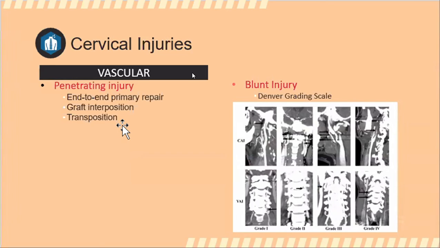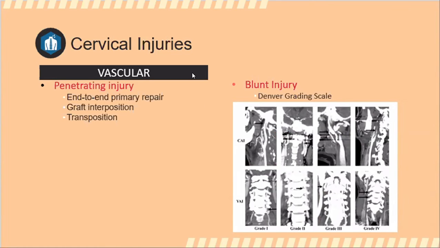So we have what we call the Denver grading scale, or the Denver grading classification of your cerebrovascular injuries. We have grades 1 to 4. The Denver grading scale is seen on CT angiogram.